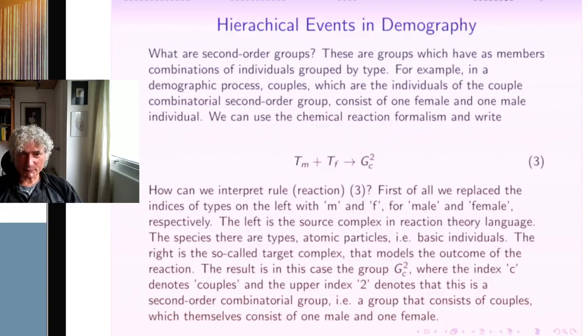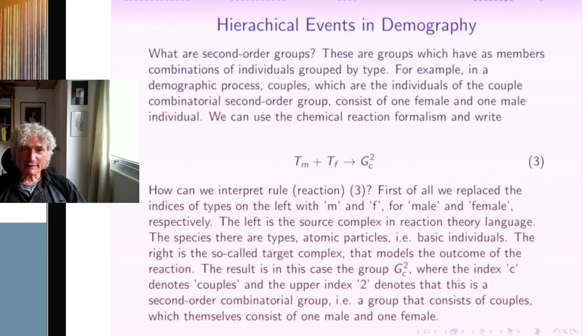Couples, by definition, would be groups consisting of two individuals. And this transition would indicate, for example, marriage, or just that the two people from now on live together, or something like that.